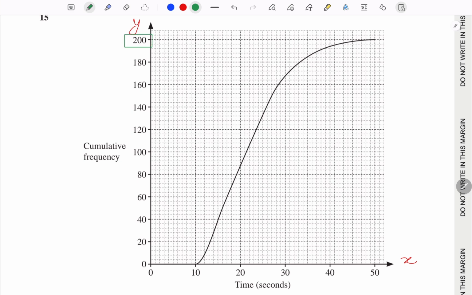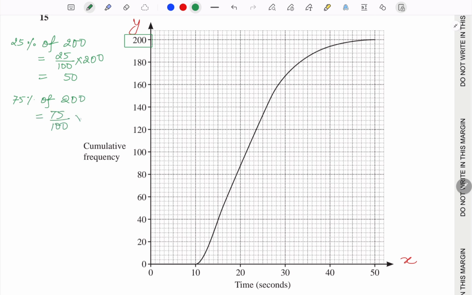To find the interquartile range, let's just calculate 25% of 200. 25% of 200 will be 25 divided by 100 times 200, and it will be 50. And now calculate 75% of 200.